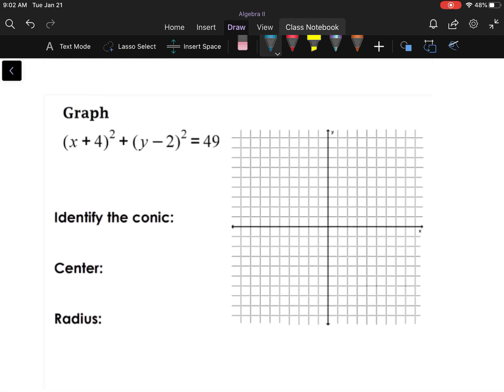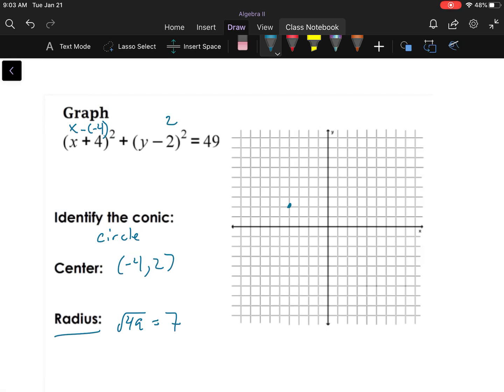Okay, again, dead giveaway, because it's talking about the radius. In this case, the square root of 49, so the radius is going to be 7. It's supposed to be x minus, so that's x minus 4, and that's going to be 2, so my center is now negative 4, 2, which means the circle moves 4 left and up 2. From there, I'm going to go over 7 in each direction, up and down, left and right.